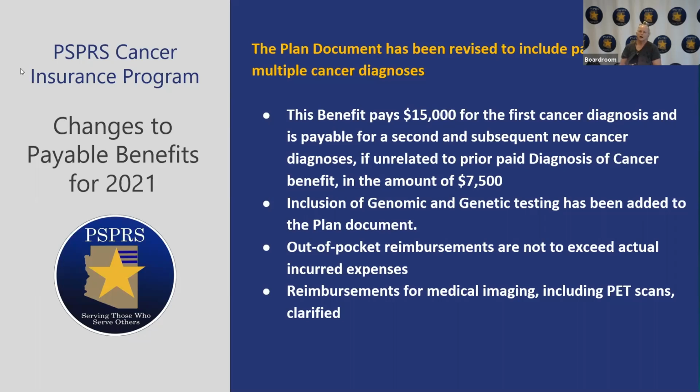So if they only submitted the doctor's bill, showing the full charge for that service, we would request that they also submit their insurance payment to show how much the insurance paid and what the member's actual out-of-pocket was. So a member may think they're going to get $1,000 and they end up only getting $40 because that's all their responsibility was.